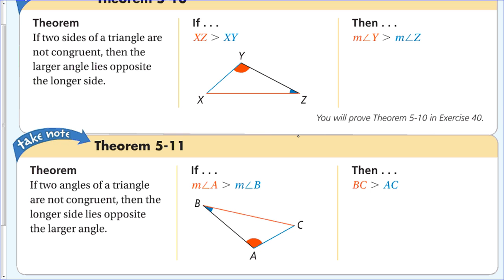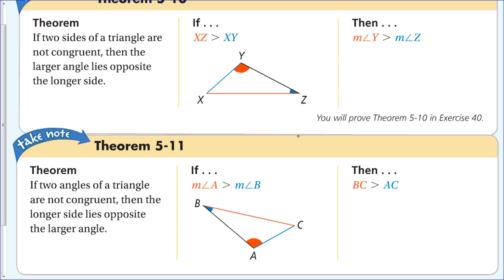Anytime you have a triangle, the largest side is always opposite the largest angle. That's what the 5-11 says. Anytime you have a triangle, the longest side is always opposite the largest angle, and vice versa.